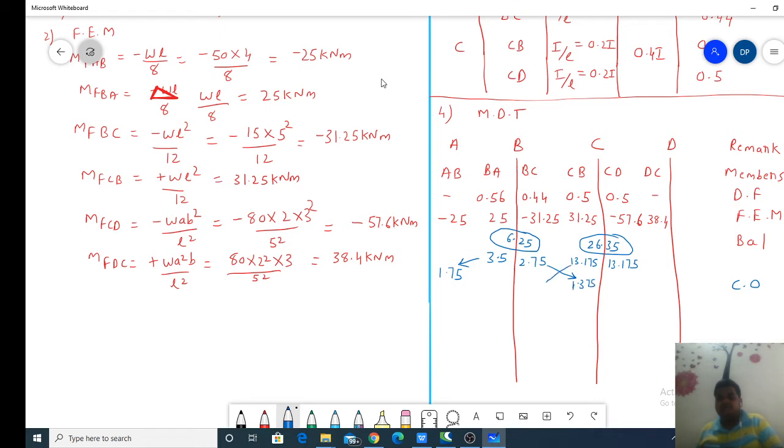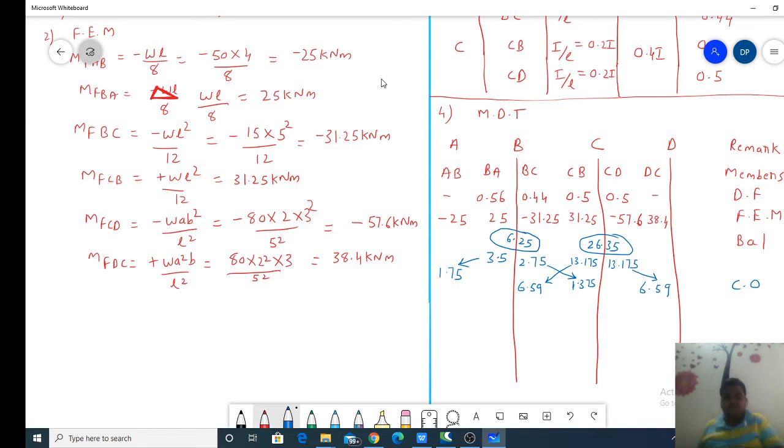B is also continuous, so 13.175 divided by 2 is 6.59, and as D is also continuous, this is also 6.59. So this is the first iteration, the first step that I have done.